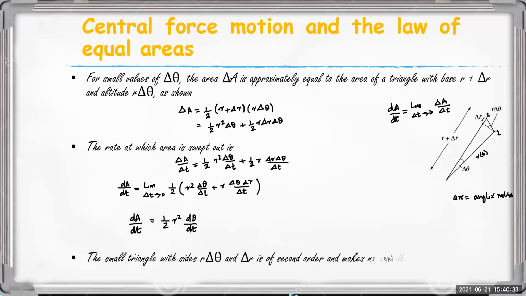Here we see the small triangle with sides R, delta theta. This is the area of this triangle. If delta t is very small, this angle must be very small, then the area of the triangle will be vanishingly small.